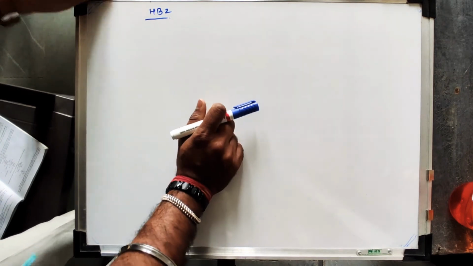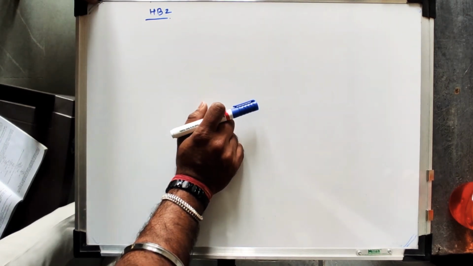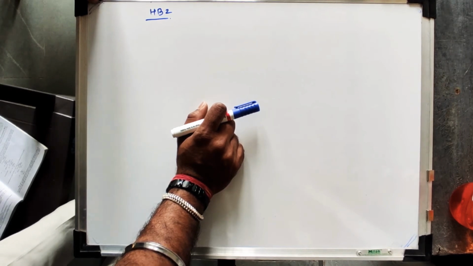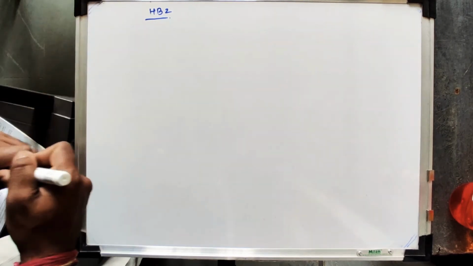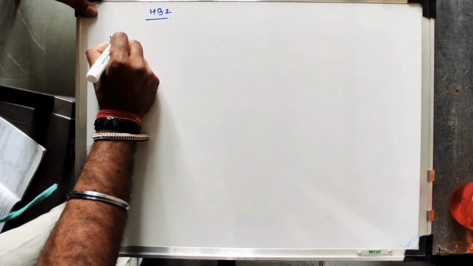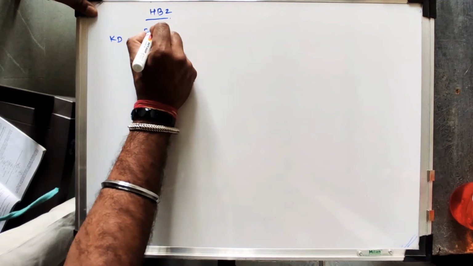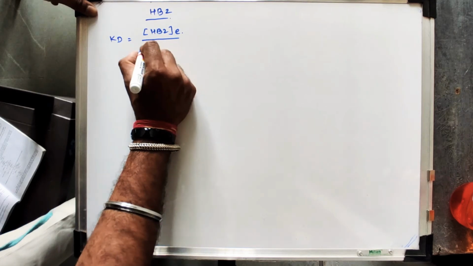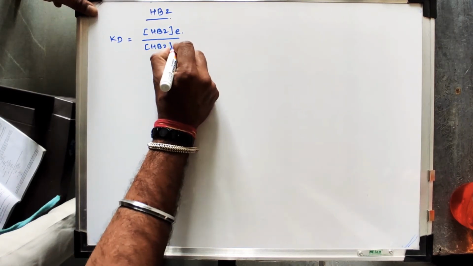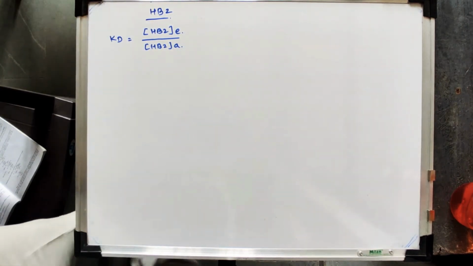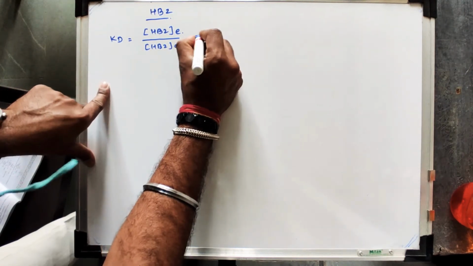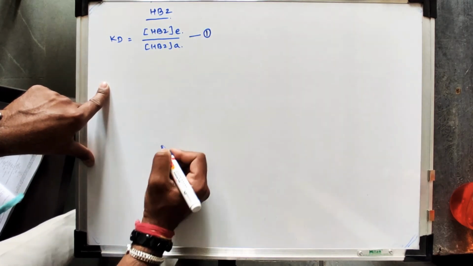If we assume that there is no association, no dissociation, or no polymerization of benzoic acid in the aqueous as well as in the organic layer, say the ether layer, then I can write the distribution coefficient of benzoic acid Kd equal to HBz in ether, the organic layer, divided by HBz in the aqueous layer, where the organic and aqueous layers are in contact with each other. This is expression number 1.